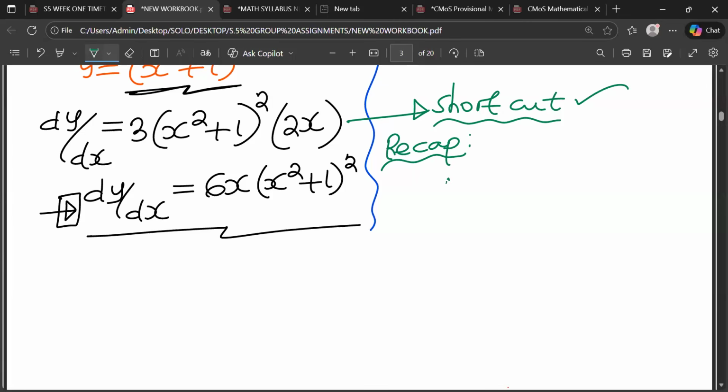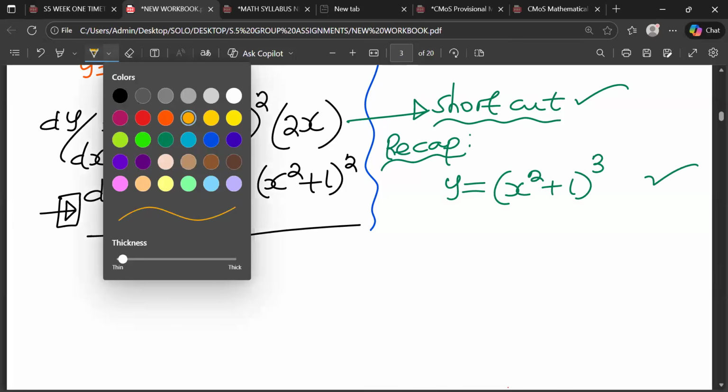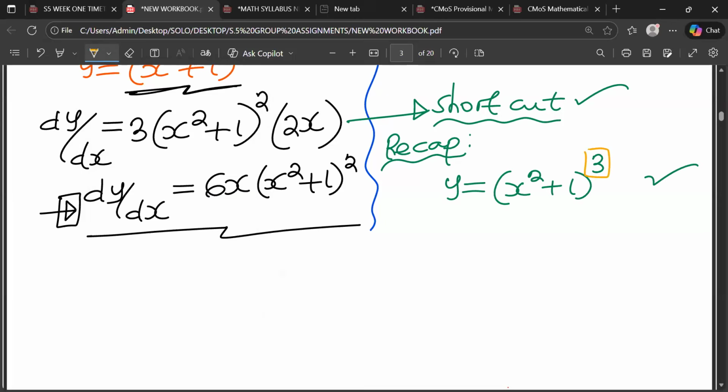So y is equal to x squared plus 1 power 3. That is the question. Remember, you cannot expand it because even this one can be a power 5. Someone may be like, what if I just expand? What if they give you power 10? Will you really expand up to the 10th power?